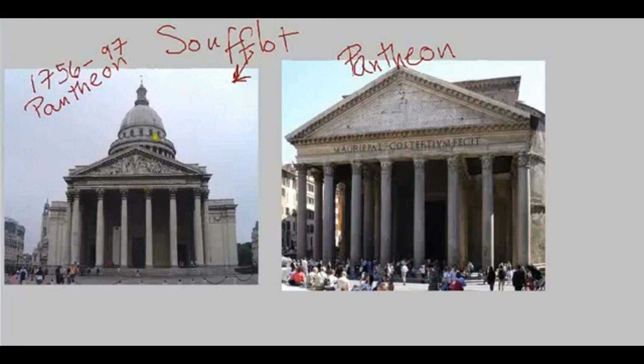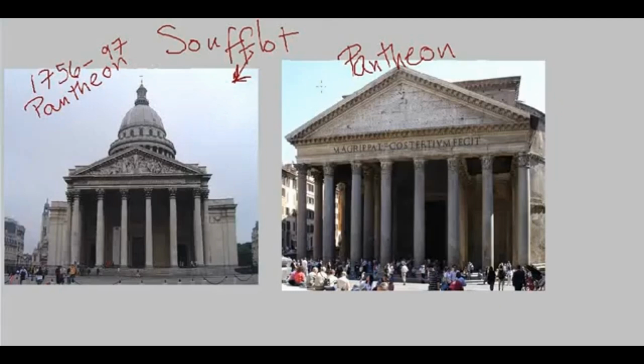Notice the greater vertical emphasis, the really slender seeming columns. It seems less weighted down. So that's a really interesting take. And if you're really trying to copy the Pantheon directly, why would you have done that? Obviously, we know that neoclassical artists aren't directly trying to copy. So they're making their own versions of classical works.